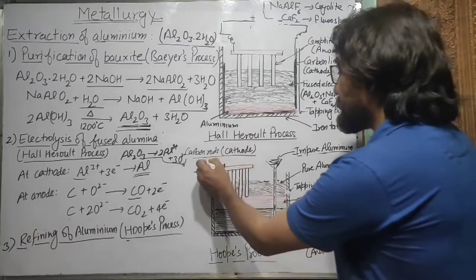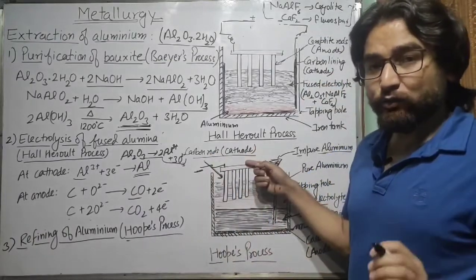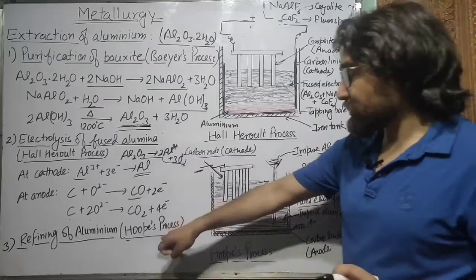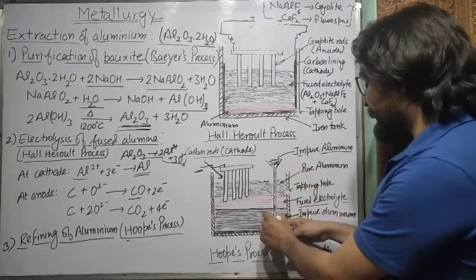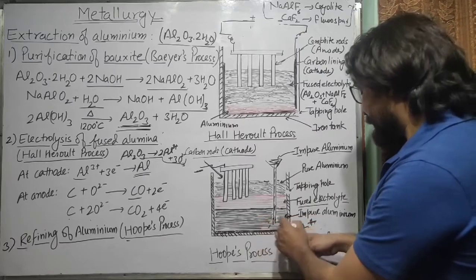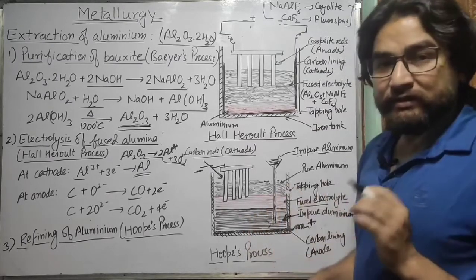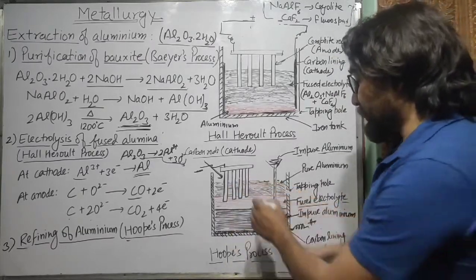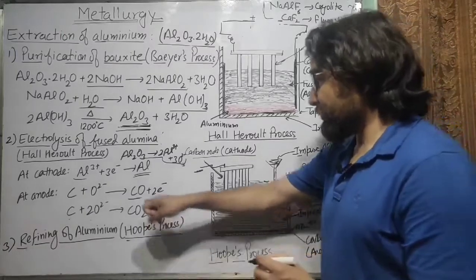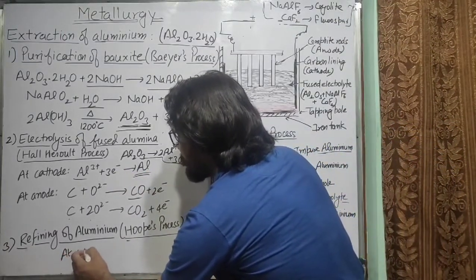Why? Because you can see at the top we have carbon rods at cathode, and you know during the process of electrolysis the aluminium ions which are liberated from anode form Al3+ ions and they will move towards the cathode. So what happens at cathode?